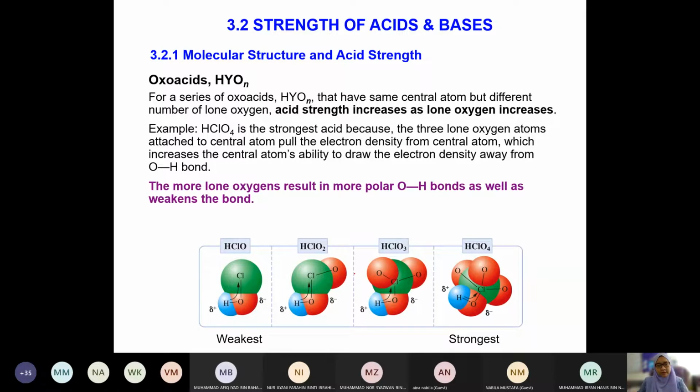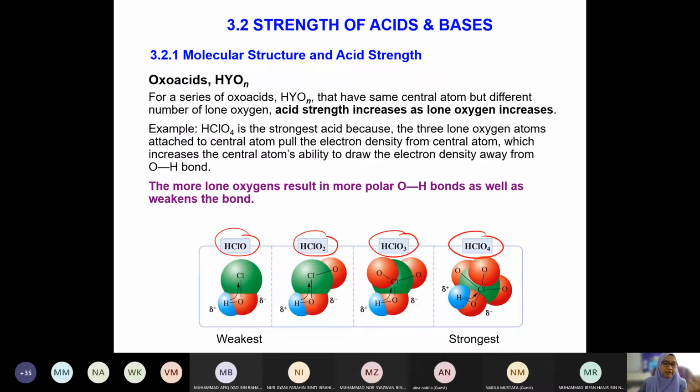Another type of oxo acid adalah, bukan another type. If we were to compare the oxo acid in terms of the number of oxygen present in the acid. For example, cuba tengok we have HClO, we have HClO2, HClO3 and HClO4.